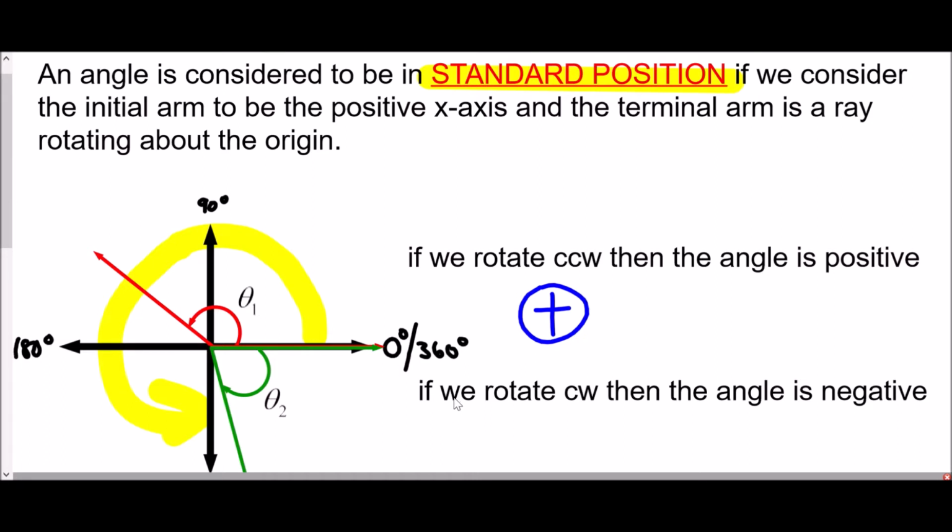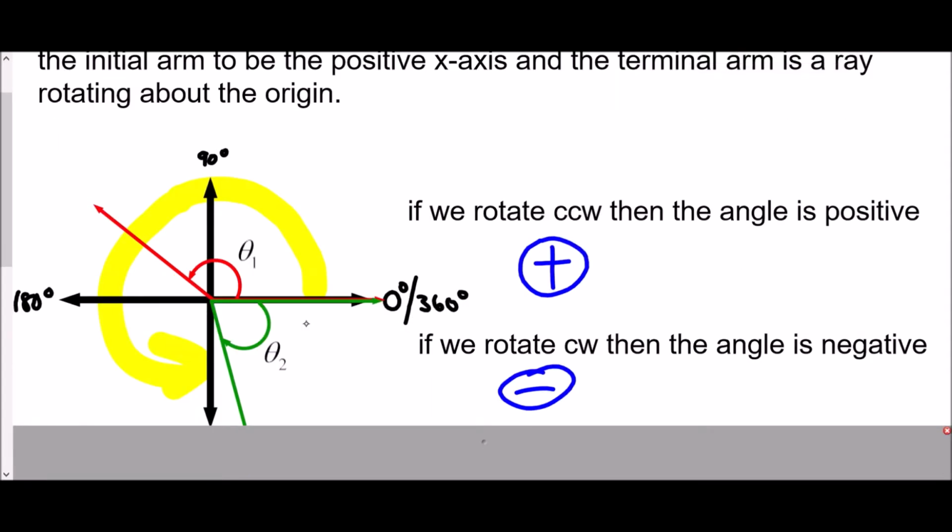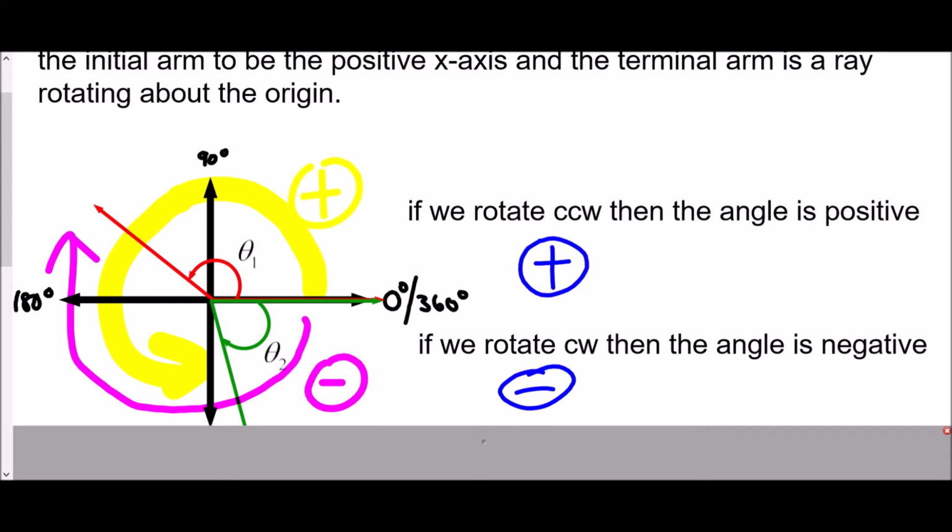And if we rotate that clockwise, like this, starting at 3 o'clock again at 0 degrees, then we use the sign negative to indicate the angle. Like this. That's negative. This is positive.